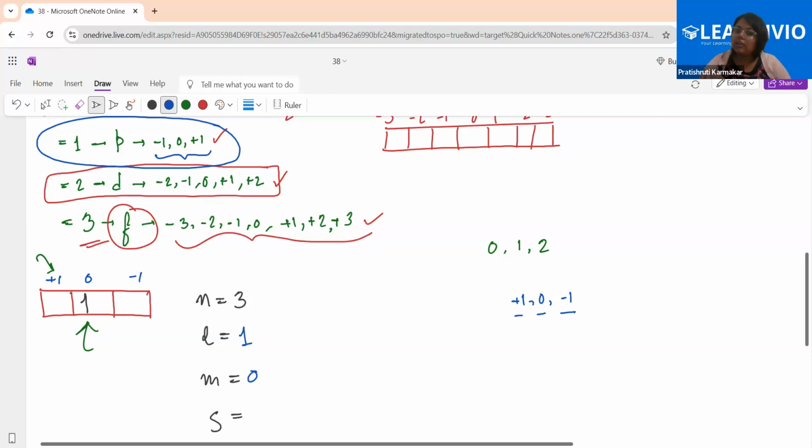So this will be L equal to 1, that is our p orbital. This is in the m equal to 0 box, so m is equal to 0 and the value of s will be positive half.